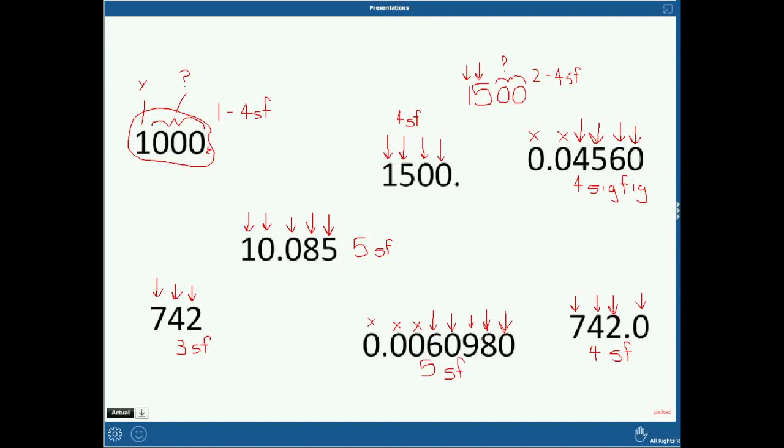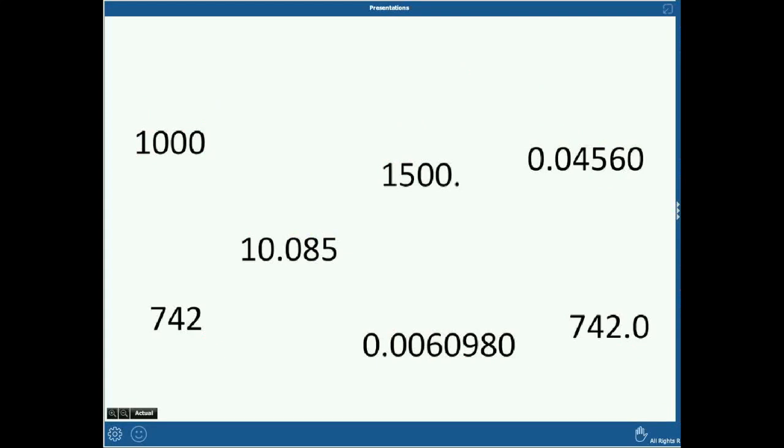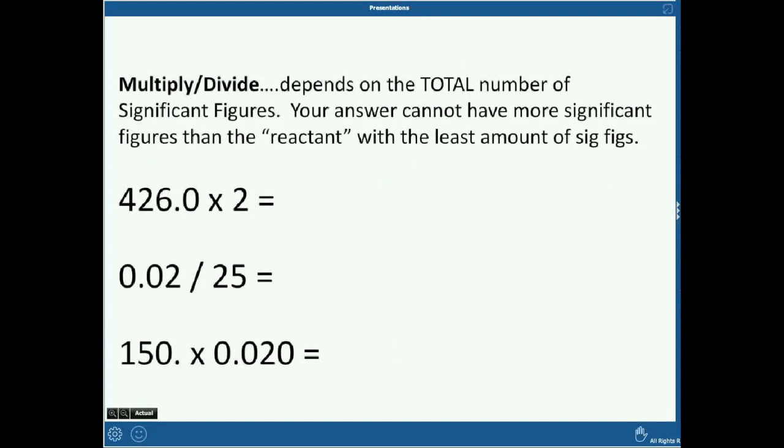Does that kind of make sense how we determine the sig figs in an individual number? Because then we're going to go one step further and figure out the sig figs in math. Okay, so this is the rule for multiplying and dividing. It depends on the total number of sig figs.